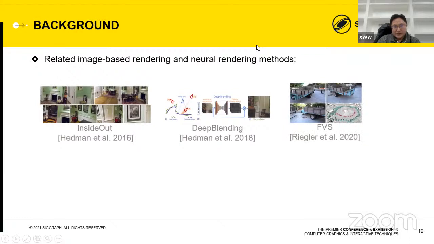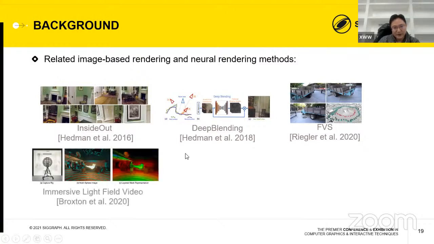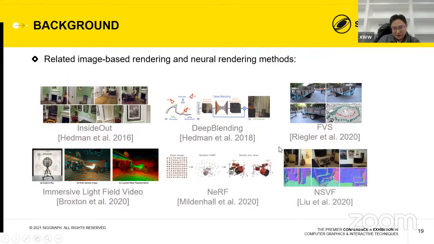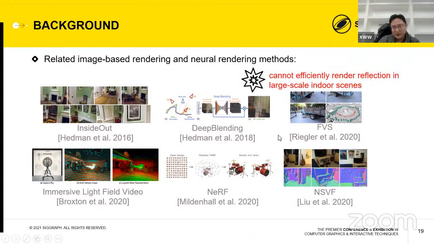Although there already exist some image-based indoor rendering research works like Deep Blending or free viewpoint synthesis, and some developed devices to capture view-dependent effects, they cannot efficiently render high-frequency reflections in larger scale indoor scenes.